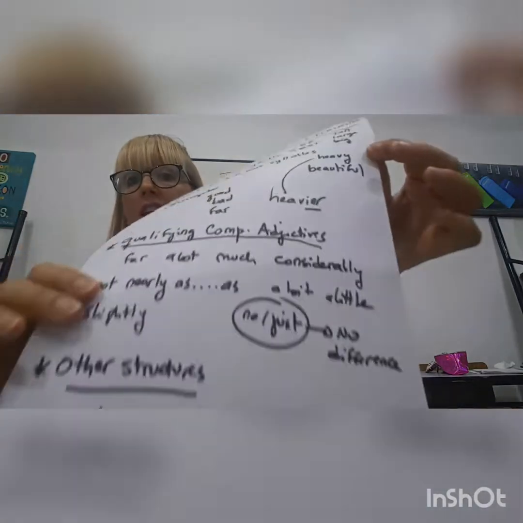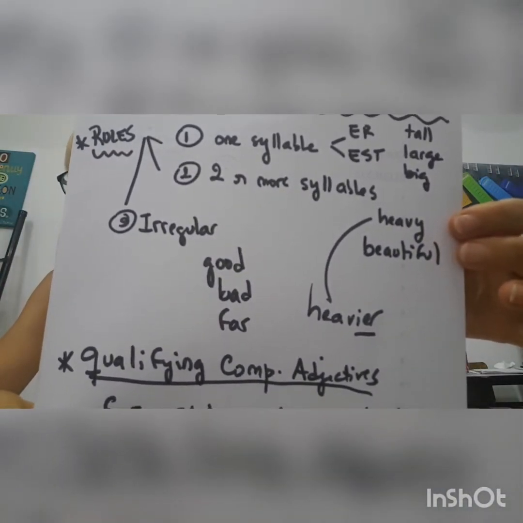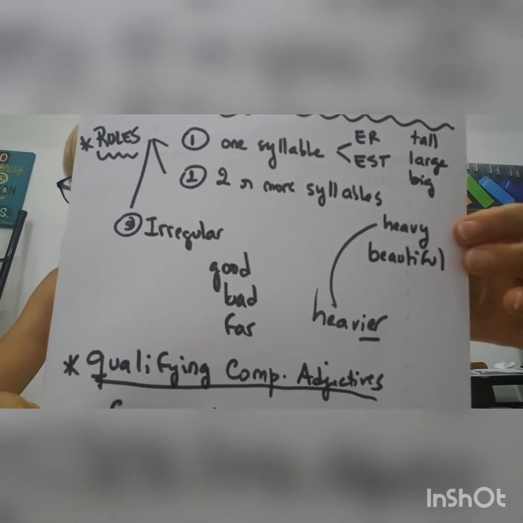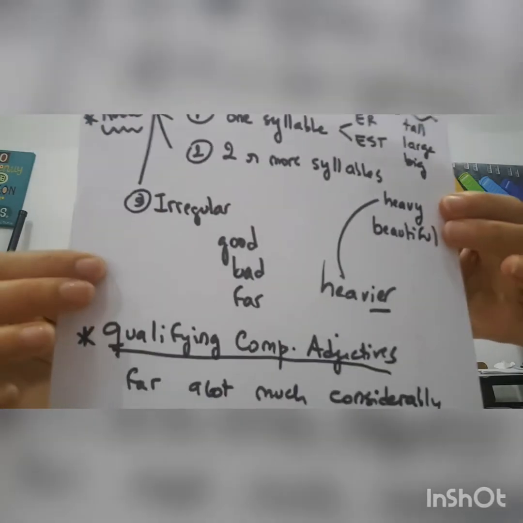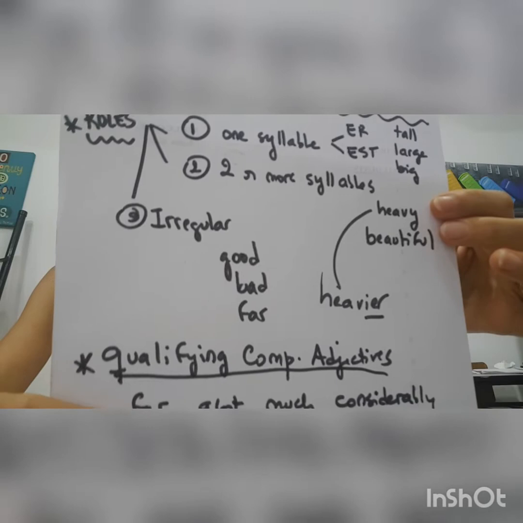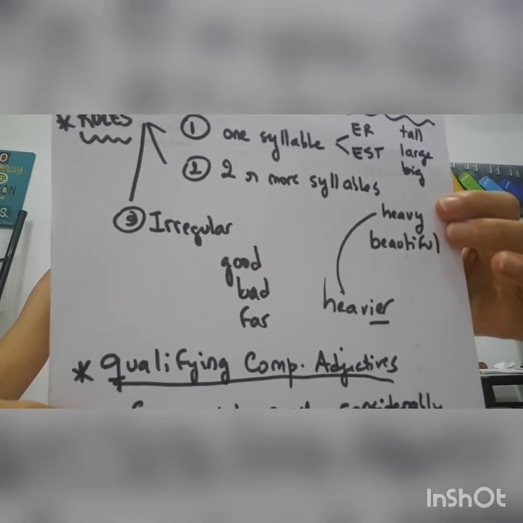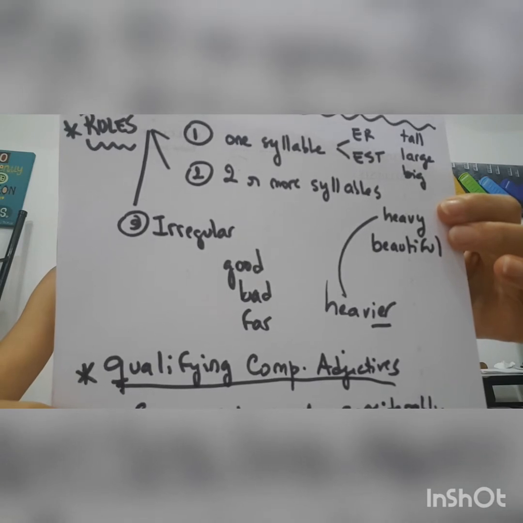And then we have the long adjectives like beautiful, and we use more and the most. Yes, more beautiful, the most beautiful. Finally, we have the irregular adjectives. Good, bad, and far. Good changes to better and the best. Bad changes to worse and the worst.